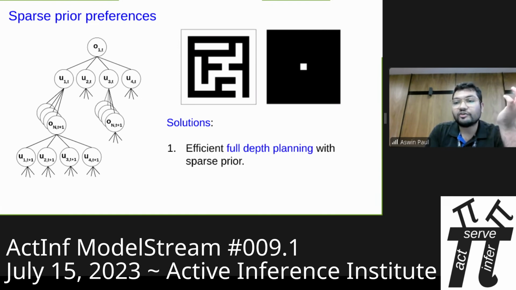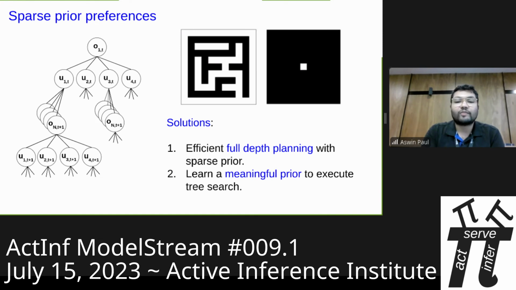Either you have to find a way to do the full depth planning with this sparse prior preference, or you have to learn a meaningful prior preference which will enable you to do this pruned search. We are going to discuss these 2 solutions in this presentation for a scenario like this.